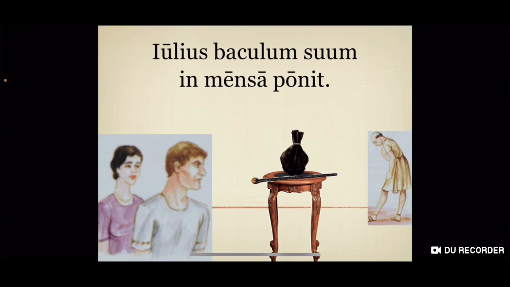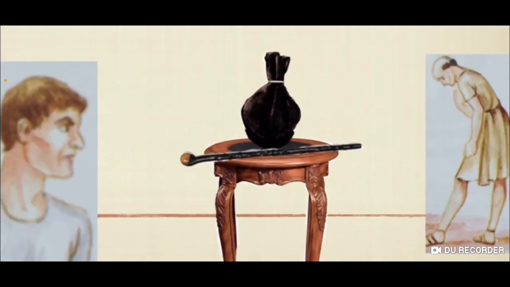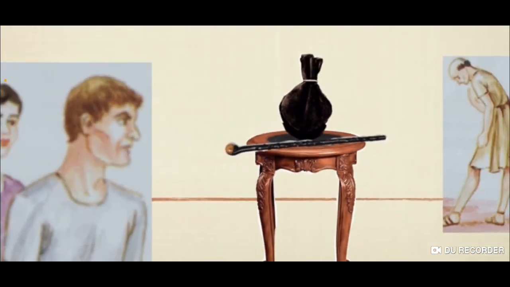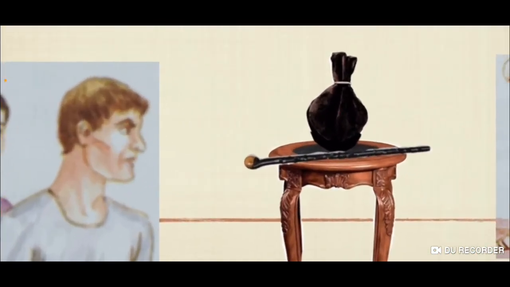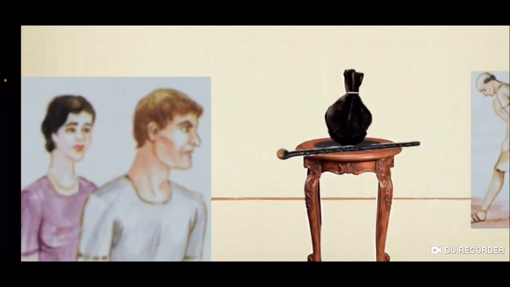Julius baculum suum in mensa ponit. Julius puts his cane, his stick, on the table. That's what the masters used to have back in the day. They kept servants in check. There's that little part at the end. A whole lot of heads got busted open with that.